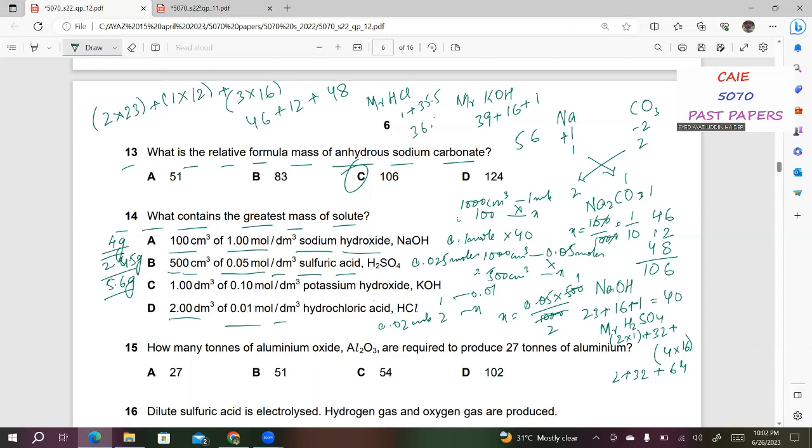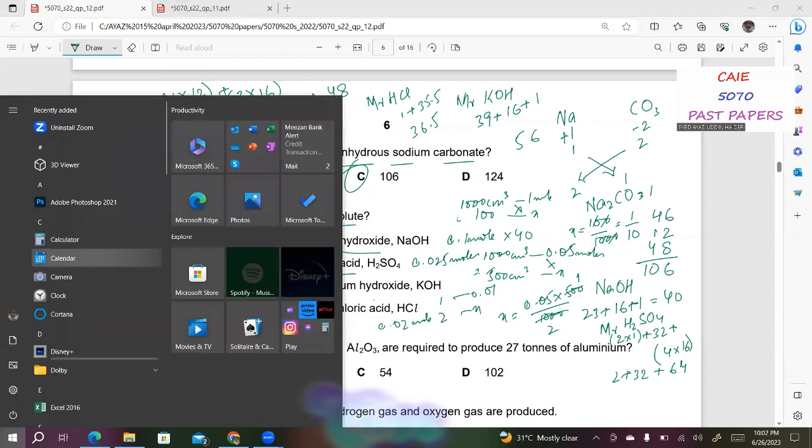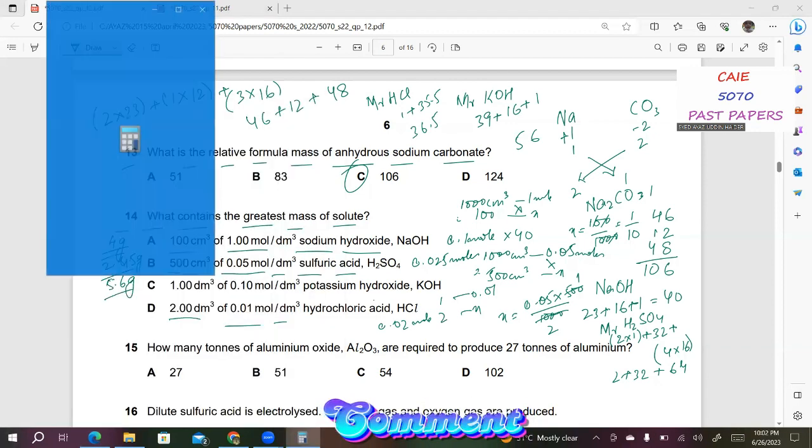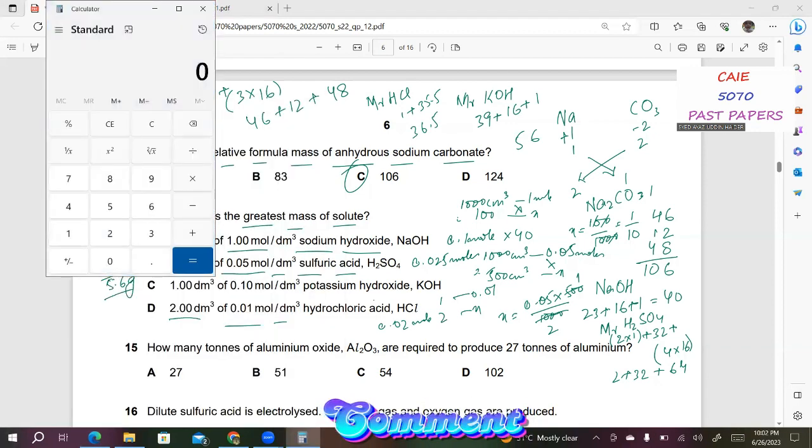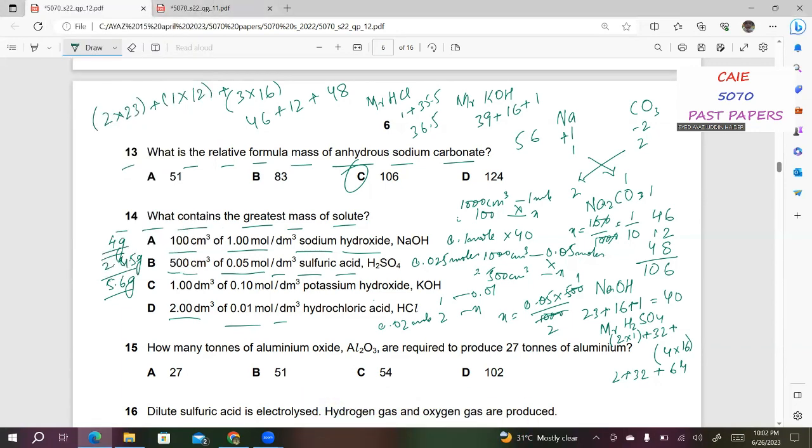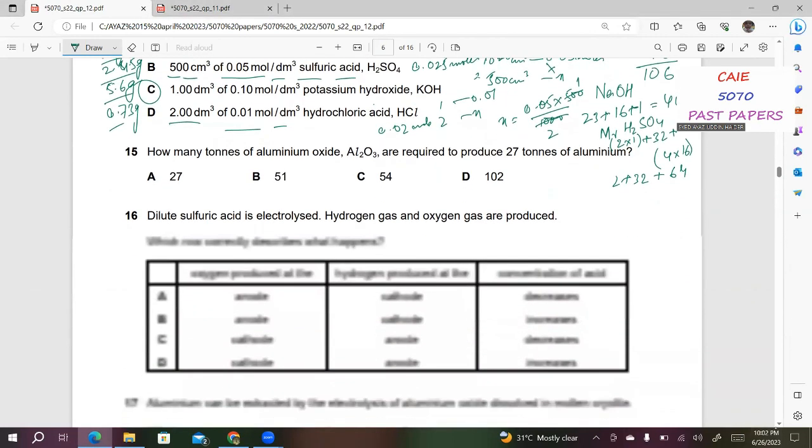You get 36.5. 36.5 will be multiplied by 0.02, which gives 0.73 grams. So only C will be the right answer in this case.